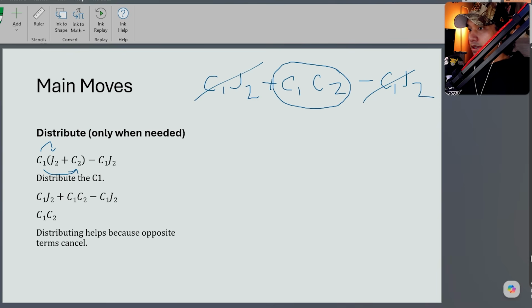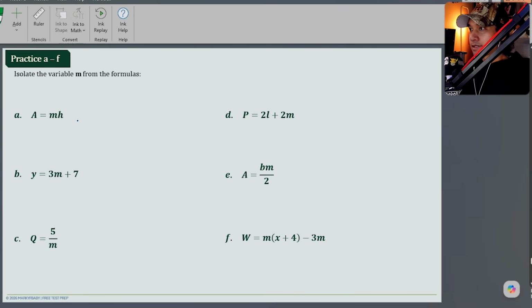Now let's go on to some practice before we hit the main questions. So isolate the variable m from the formulas. Okay, so we start out with a equals mh, and then we need to isolate the variable m. So we need m by itself.